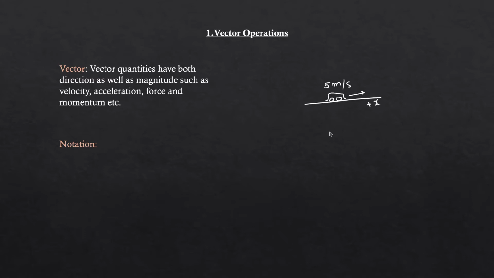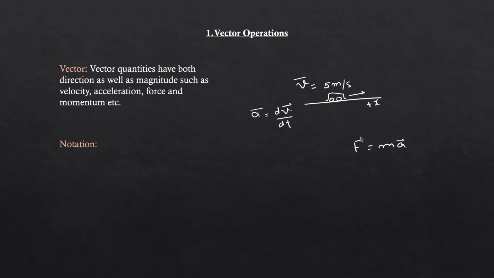So an example is velocity. Whatever quantities are described by velocity are also vectors, like acceleration. Acceleration equals dv by dt, the rate of change of velocity, so this will also be a vector. Force equals mass into acceleration.